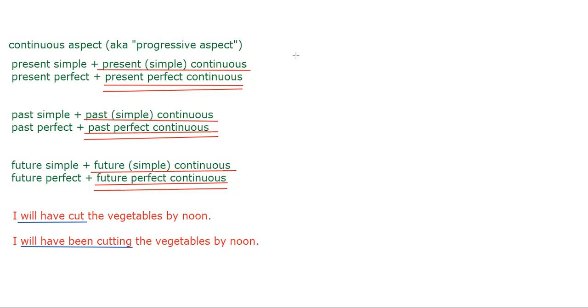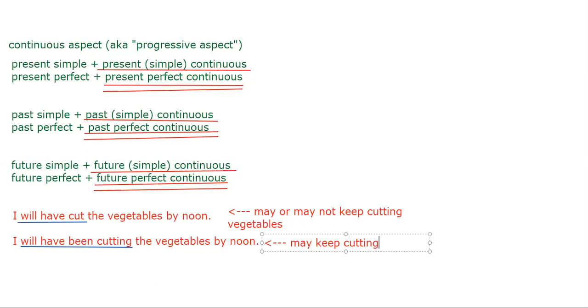So the difference here is that this action means that by noon, I will have cut the vegetables, but I may or may not keep cutting. Whereas this one may keep cutting vegetables.